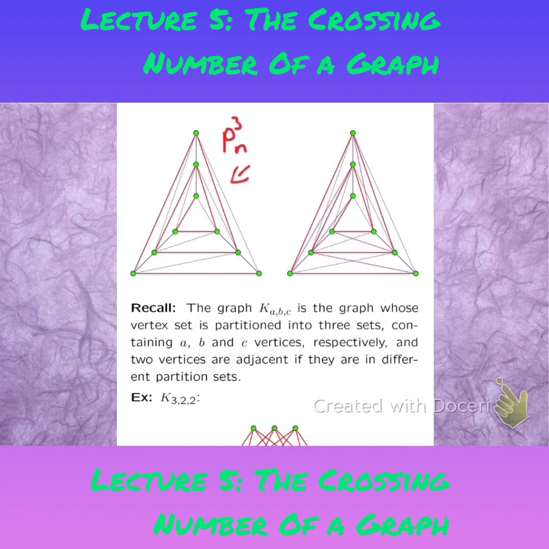So that is a representation for Pn cubed, and this is a representation for Pn to the power of 4. And how many crossings are there in this case? Right, so there are n minus 4 clearly crossings.